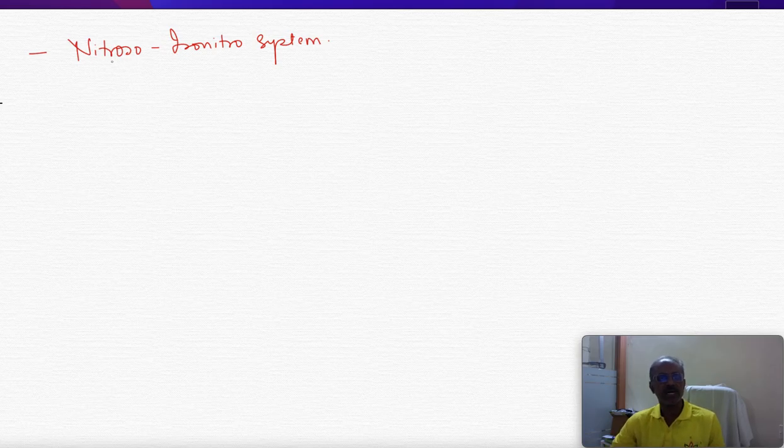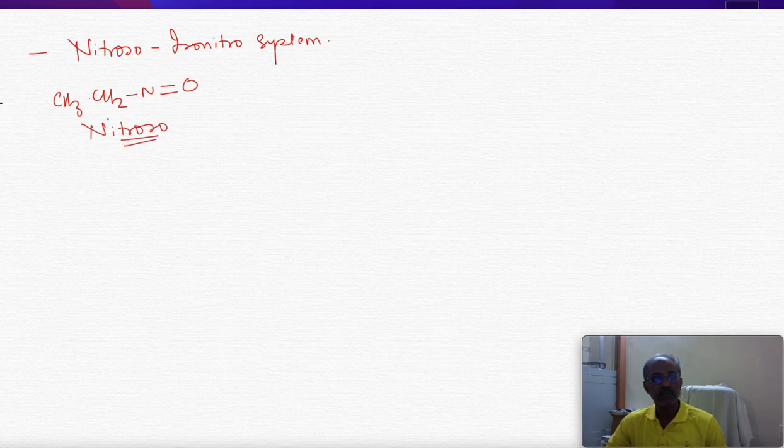Now, after nitro acinitro, the second last happens to be the nitroso and isonitroso system. Dyad system, triad system, nitro acinitro and nitroso isonitroso. Now, what do you mean by nitroso? CH3 CH2 dash N double bond O, right? This is nitroso.